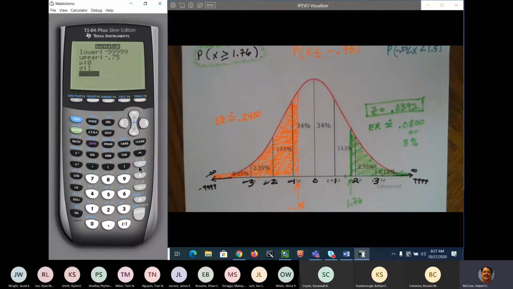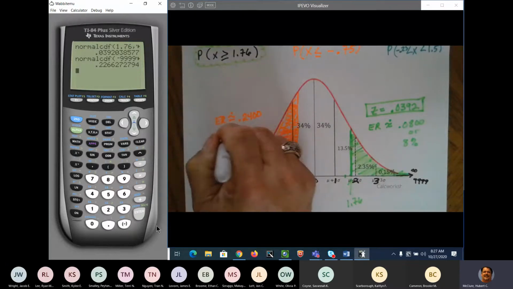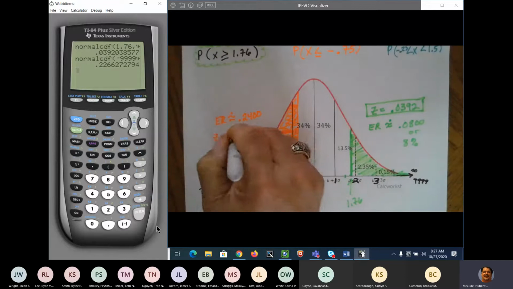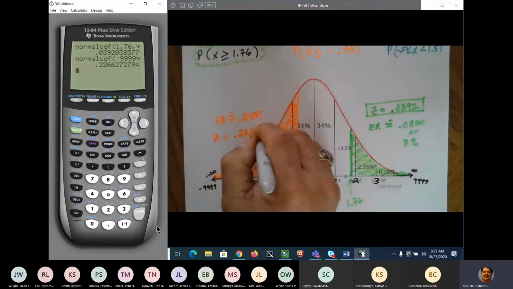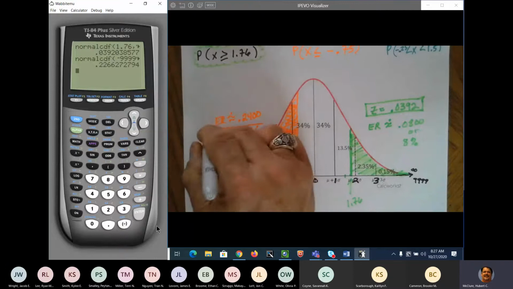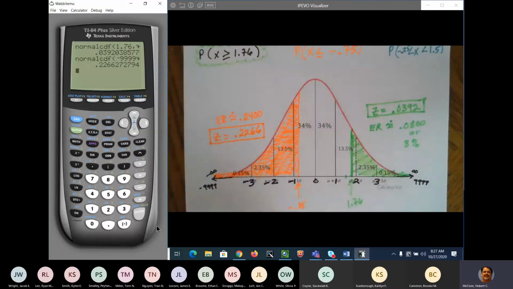And let's see what we get. 0.2266. So I was closer on that one. So by the z-score, we get 0.2266. 23%, which I said 24. So that's your answer.